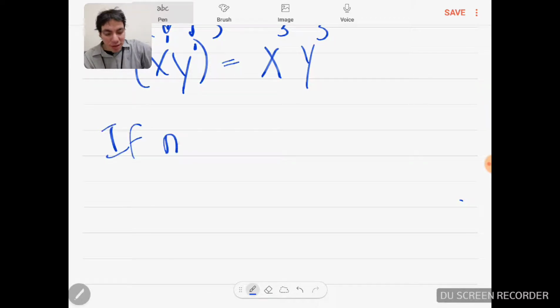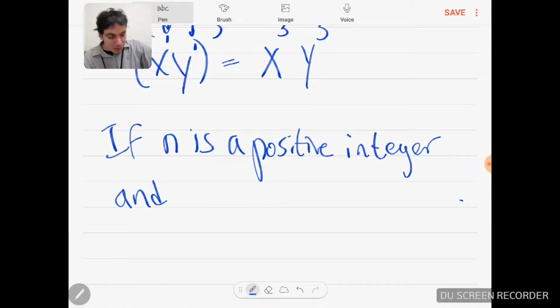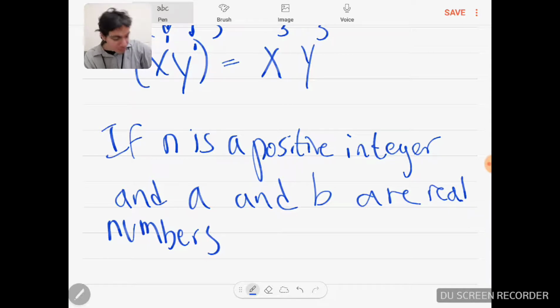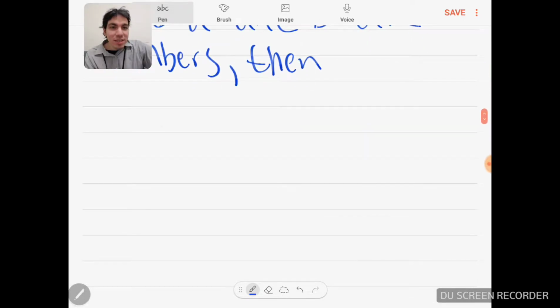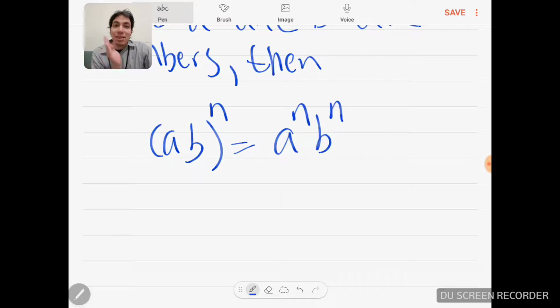In general, if n is a positive integer and a and b, that's a tongue twister, are real numbers, then what you're saying is if I have two or more objects in my parentheses, and they're both being raised to a power of n, I'm allowed to simply distribute the n to both the a and the b.